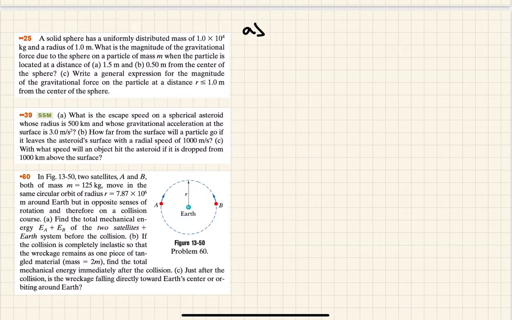A, find the total mechanical energy of the two satellites in Earth system. So we actually know that the total energy of one satellite and the Earth is just going to be equal to negative G m Earth times m satellite over 2r. We know that from the equation. You should probably derive that. How can you derive that?